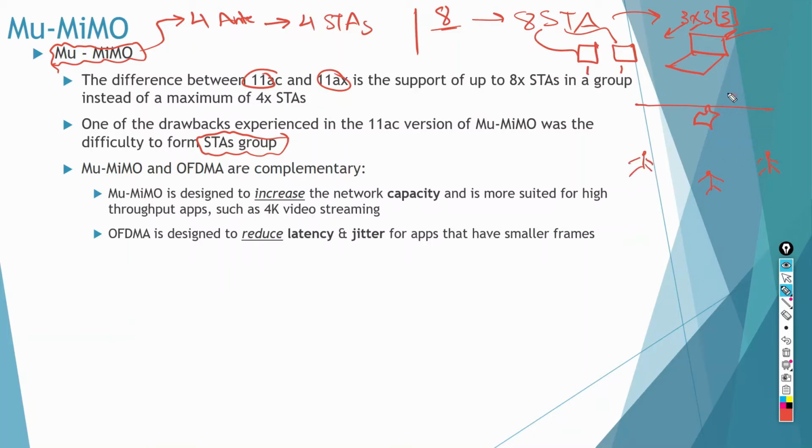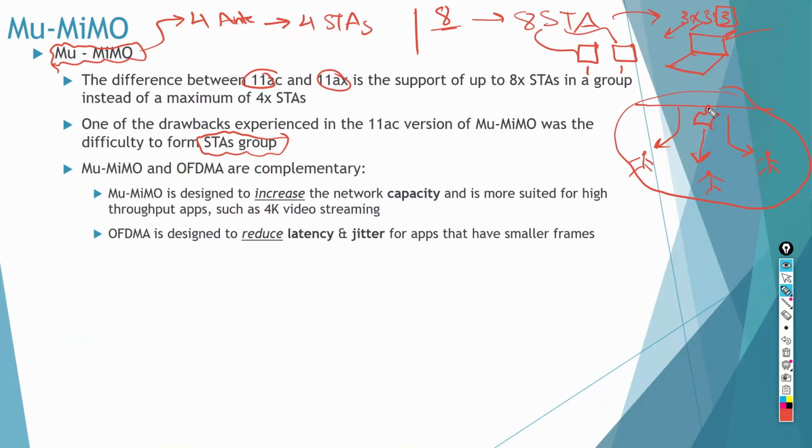These clients are within the cell of the access point. And for the access point to be able to communicate with these clients at the same time, it has to establish a station group in order to direct or beam the transmission to those users.